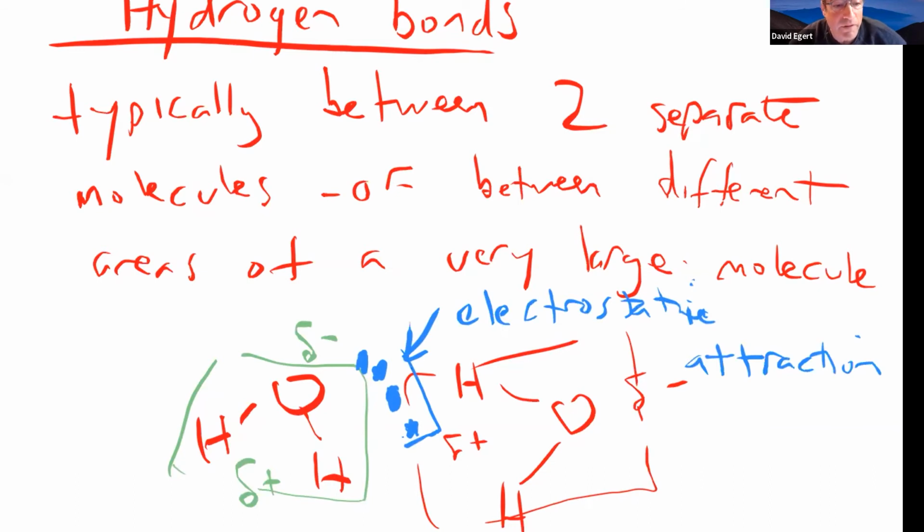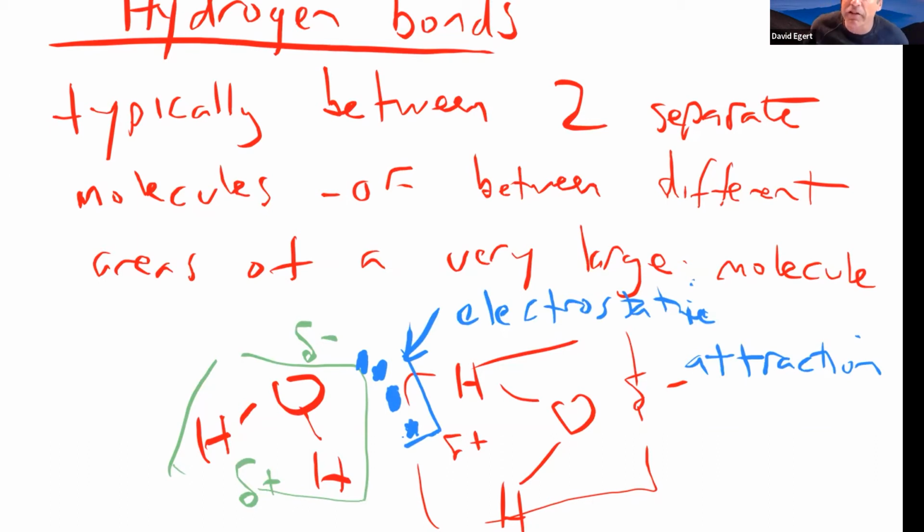It's just these two dipoles. One has a side that's more negative, one has a side that's more positive, and opposite charges attract. This is what's holding waters to waters.